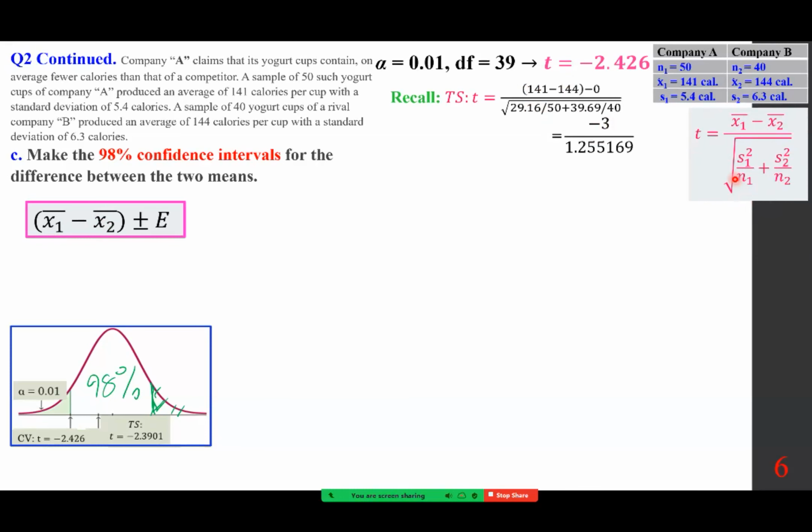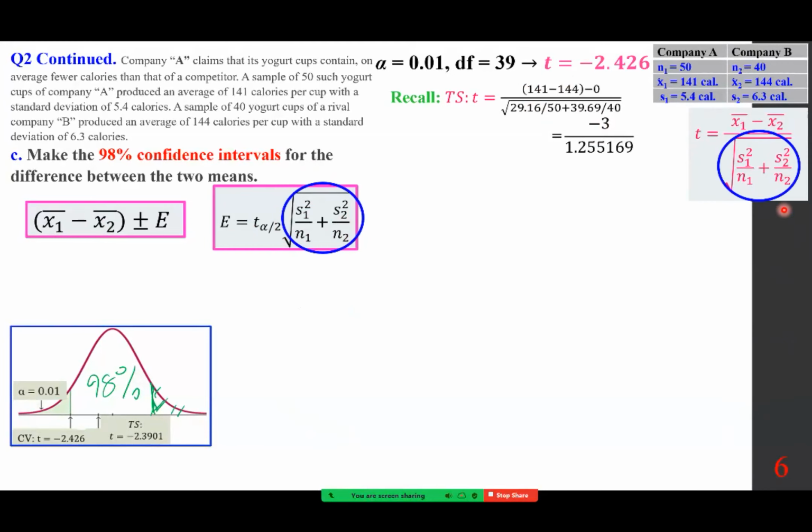So what is E equal to? Here's the formula for E: t alpha over 2 times the square root of s1 squared over n1 plus s2 squared over n2. So this part is identical to this part, isn't it? Therefore, I don't have to do the calculation. For this one, I pick this number. For this one, I pick the t, again the positive value.